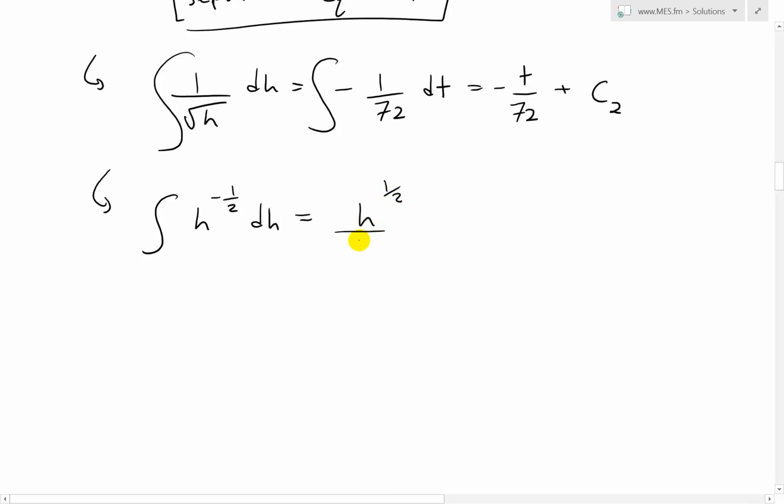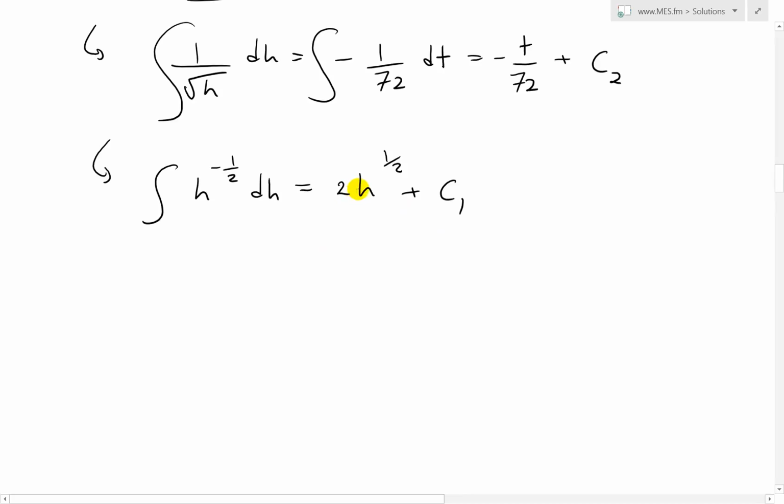When you divide by 1/2, you get a 2 out front like that. Now we have to add a constant, called c1. And again, if you take the derivative, this 1/2 comes down, and then you subtract 1 from the power, which gives negative 1/2, and the 2's cancel. Anyway, that's what we have right here.